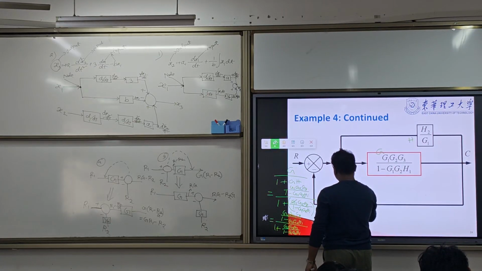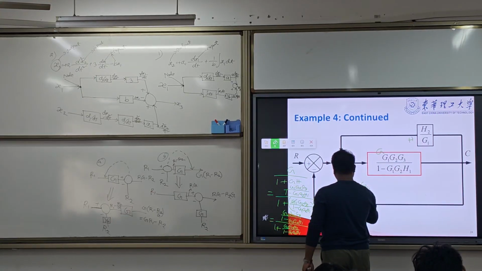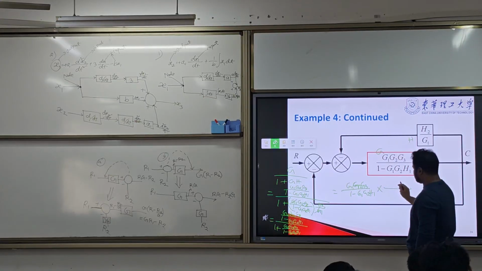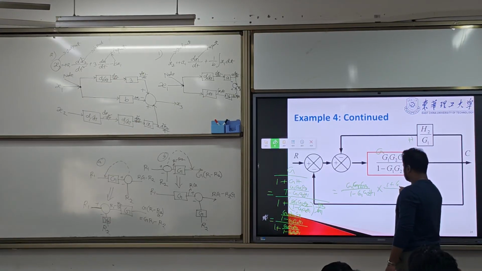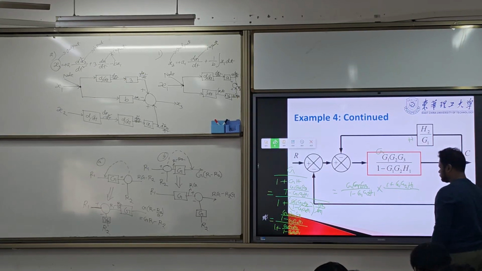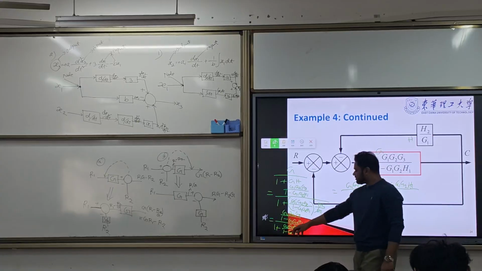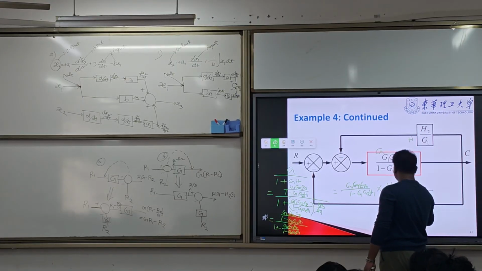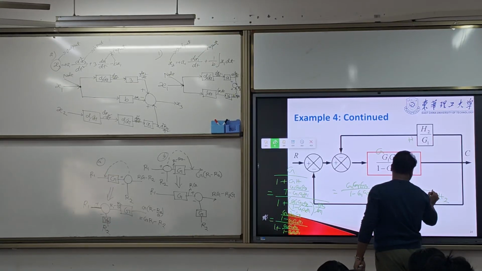Write it down, G1, G2, G3, 1 minus G1, G2, H1 into here this denominator will be here 1 plus G2, H1 and this term will be here 1 minus G1, G2, H1 plus G2, G3, H2.